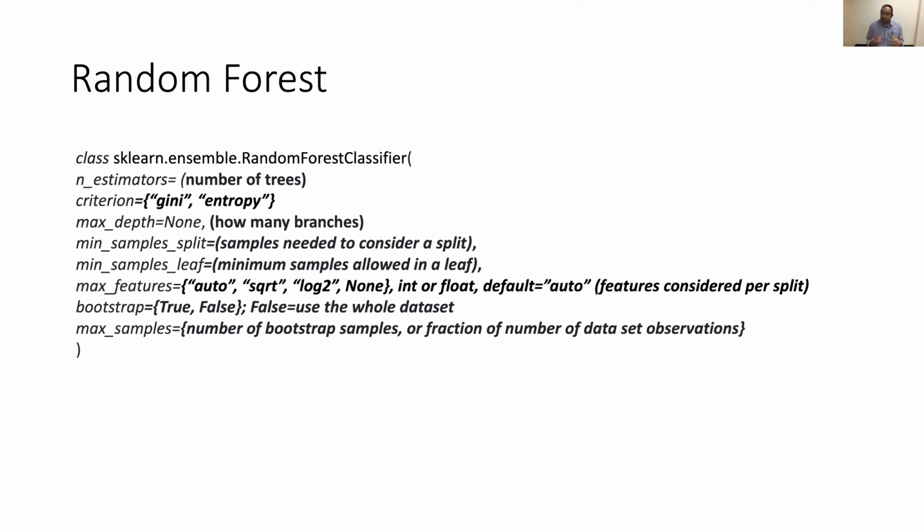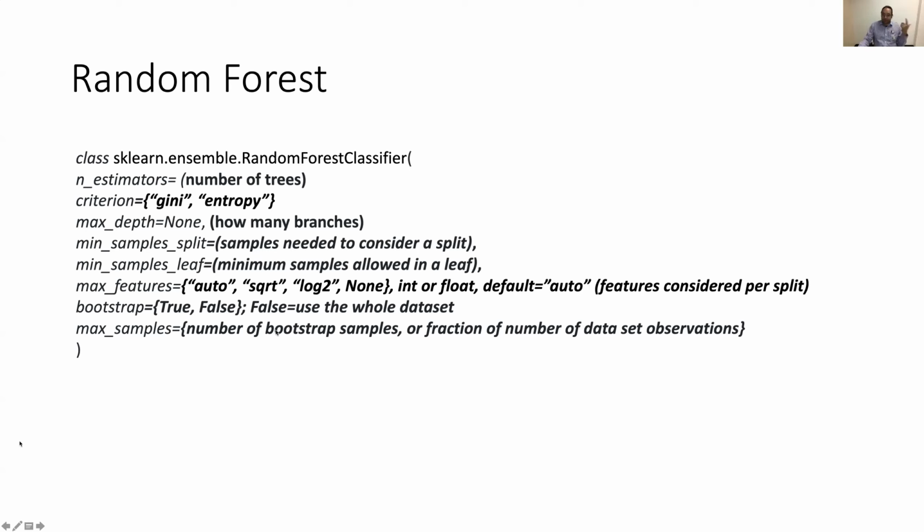So some samples get sampled twice, some don't get sampled at all, and you can make many realizations of these resamplings with replacement. So if you say true, it's going to sample with replacement and make multiple copies.